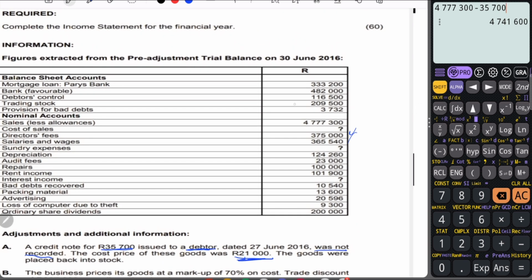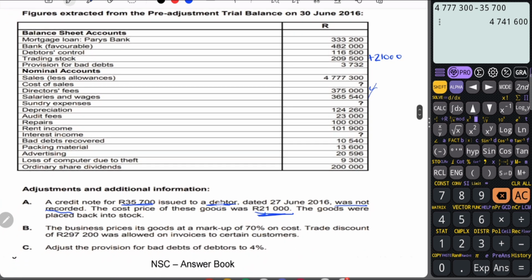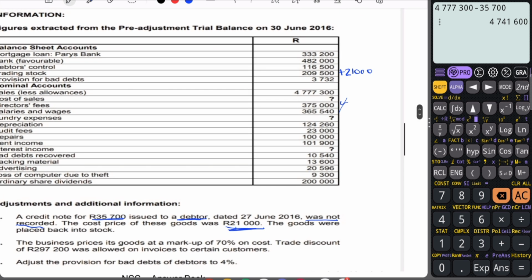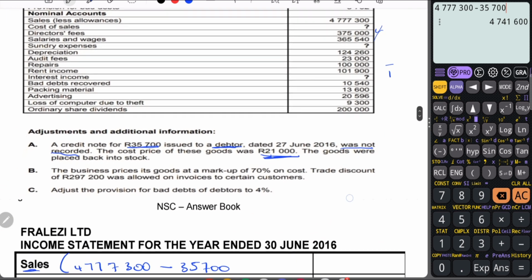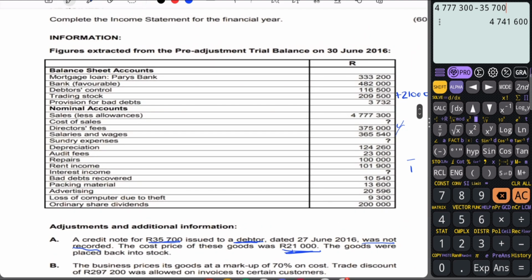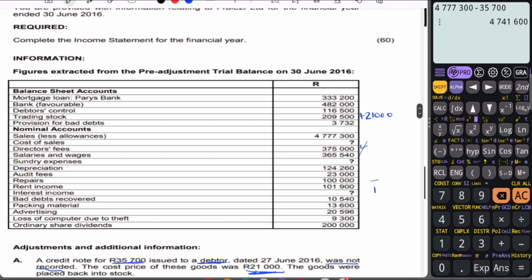increase now by how much? By 21,000, because this person is a debtor and is returning stock. If we were now preparing our trade and other receivables, we were going to take our debtors control, which is this amount, and then minus 35,700.